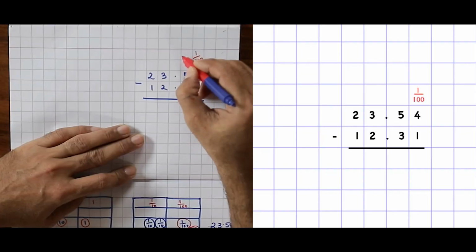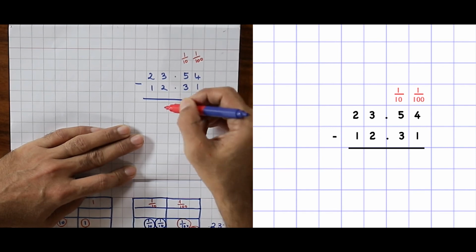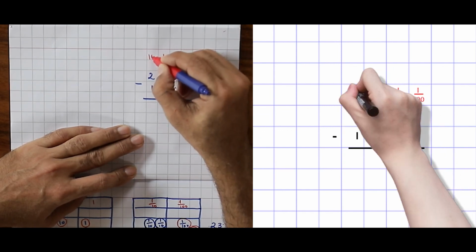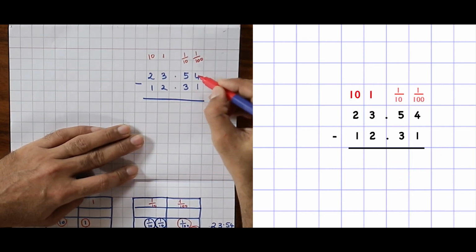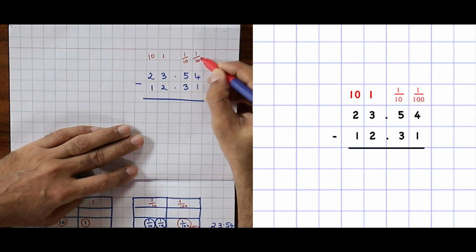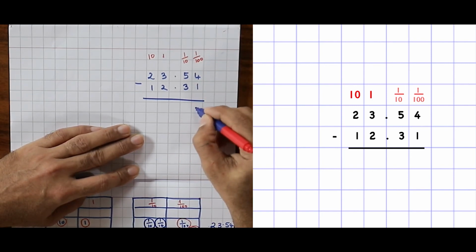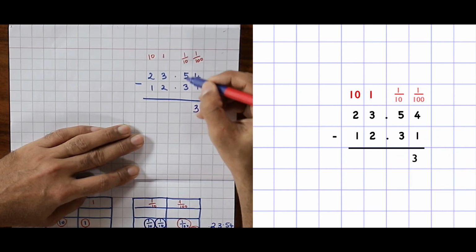If we solve it in the abstract way, this is 1/100. This is 1/10. This is unit and this is 10. If we subtract 1 100th from 4 100ths, we get 3.